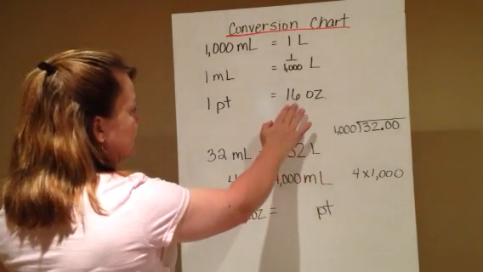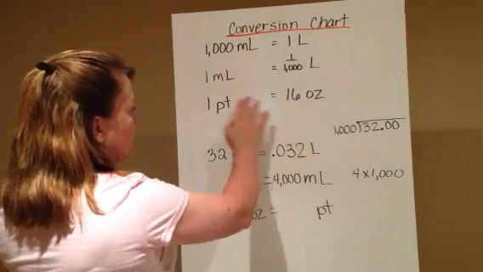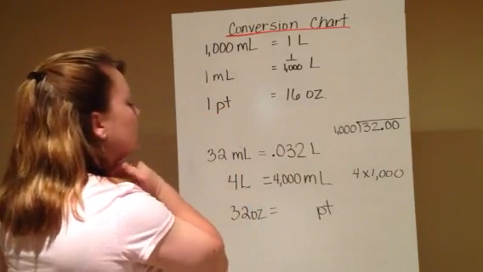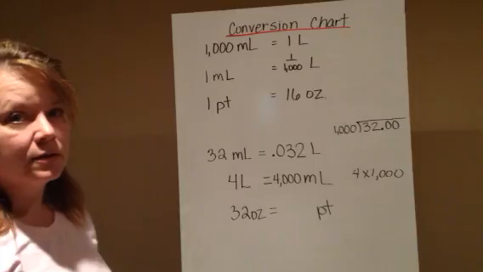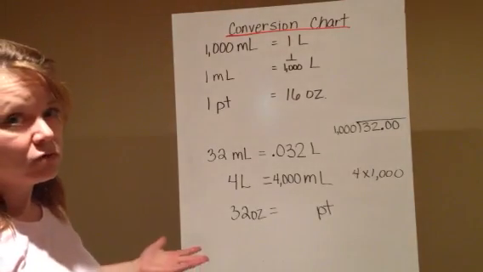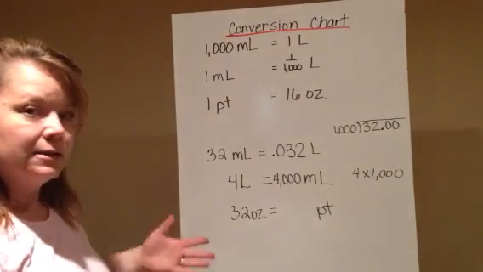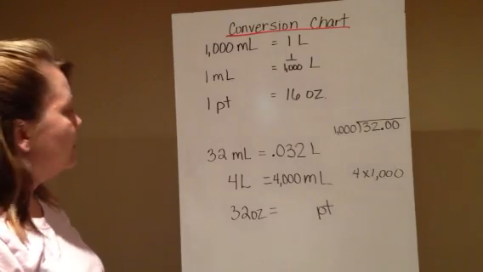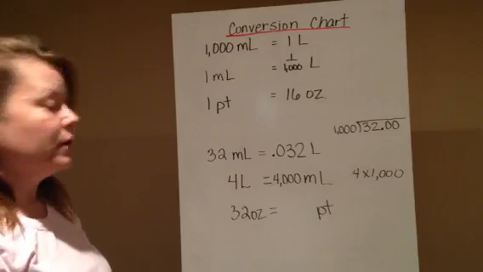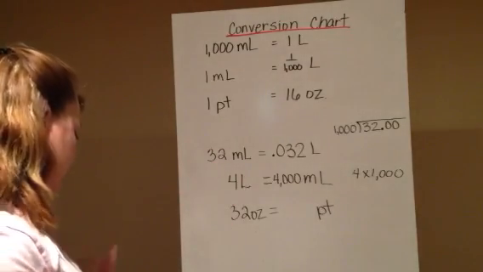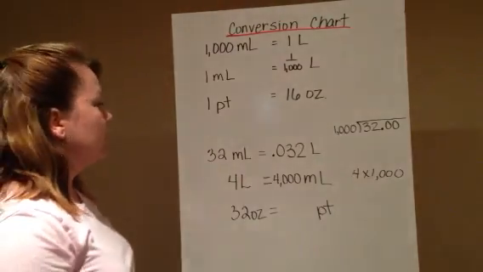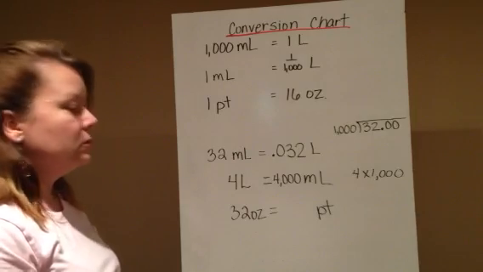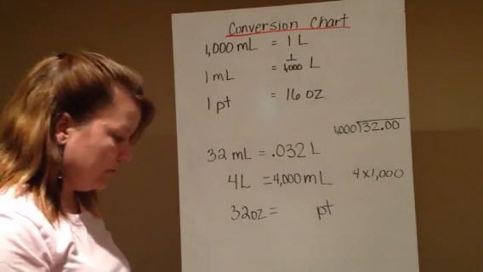Okay? If we look at this one, we have 32 ounces is equal to how many pints? Well, I know 16 ounces is 1 pint. Now, here's the question, is which one's smaller, the ounce or the pint? The ounce is smaller, so we're going from small to big, and that means that we're going to divide, okay?